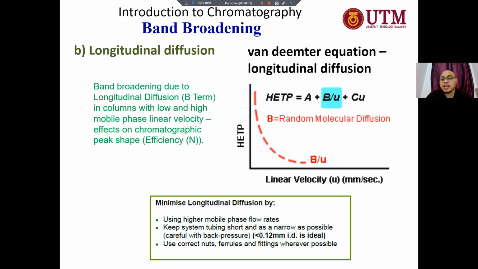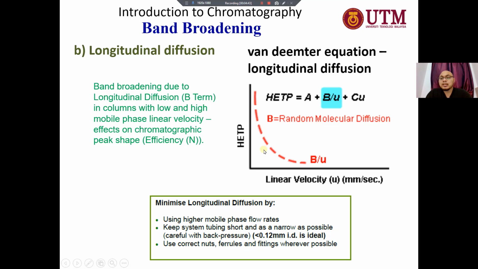We can improve the speed until the analyte reaches the detector by keeping the tubing system short. The first one, you can increase the velocity, and the next one, you can use a shorter tubing system or as narrow as possible. That's it about longitudinal diffusion.